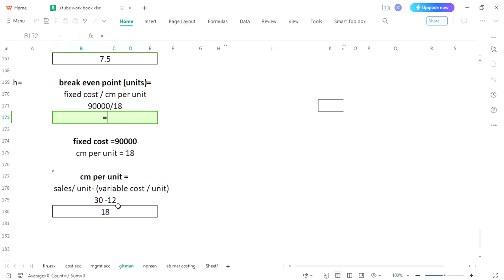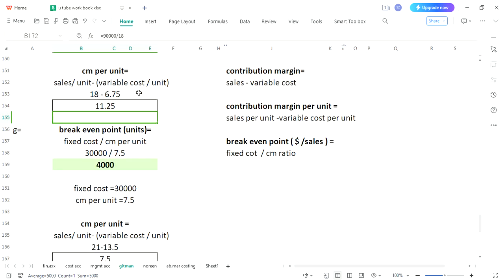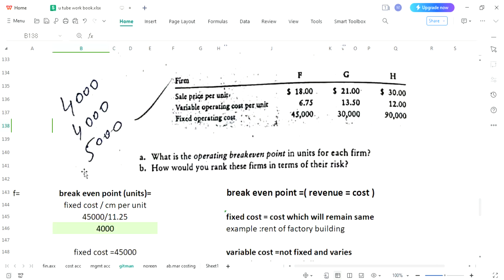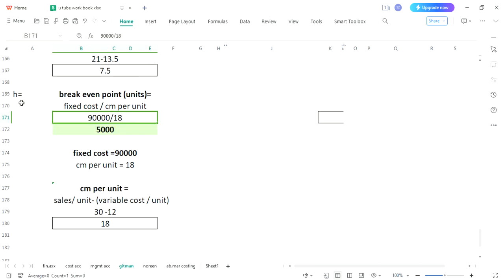This way your statement has been completed, and let's put it on calculator. You have got your answer 5,000 break even point in terms of unit. Let's see, look over here, 5,000, third answer, and answer has been matched for H firm as well.